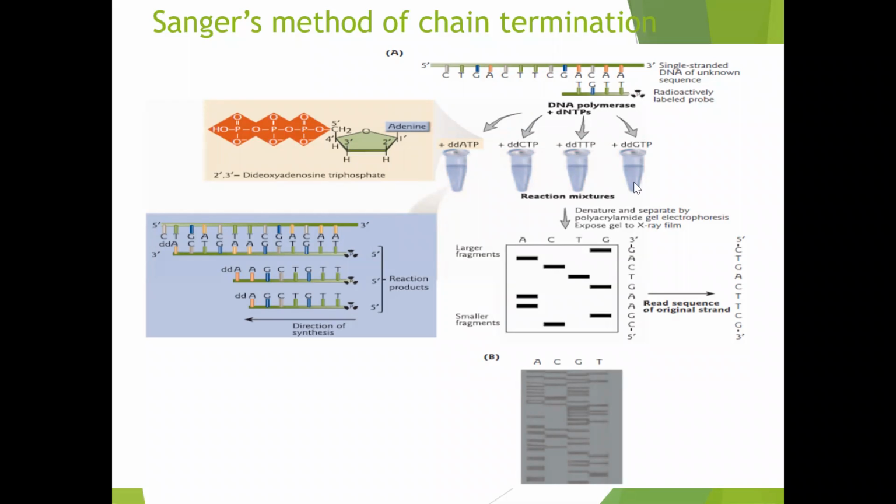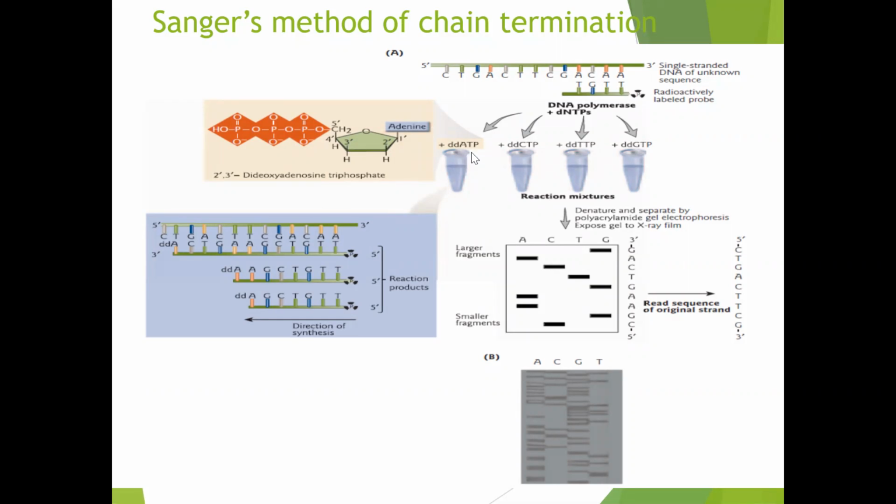So once the reaction is allowed to happen, you see how the products are formed. Here it is shown how the reaction products are formed. This is the sequence, right? You look at the sequence in 5' to 3' direction. We are talking about the reaction where the chain terminator is dideoxyadenosine triphosphate.